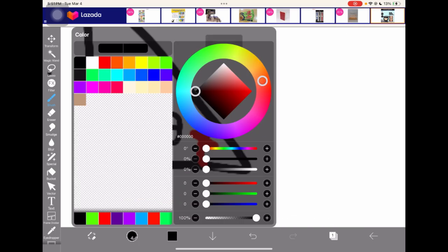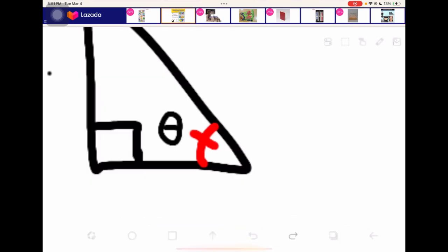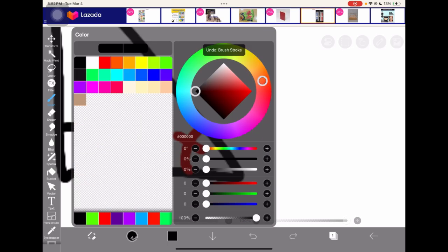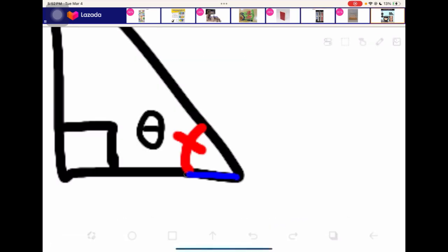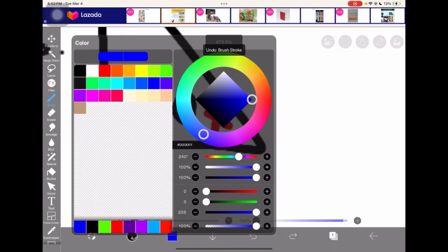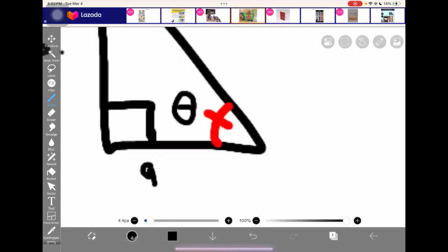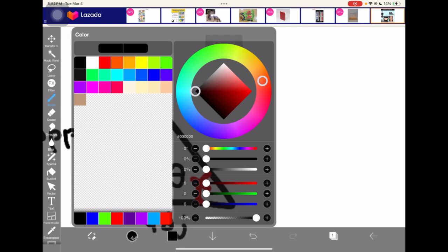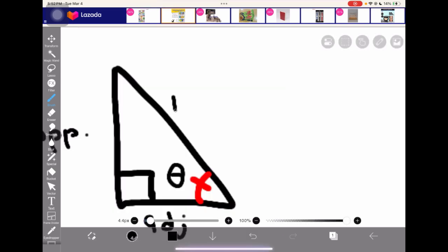Meanwhile, this other side, which is not the longer side, is what you call the adjacent. In blue over here, this is the adjacent. And lastly, the longest side is always the hypotenuse.